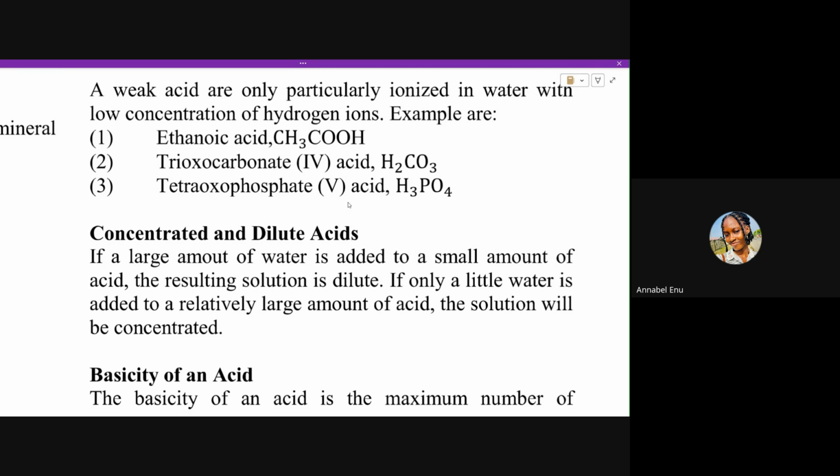So they need to be diluted so that the acidity in it, the amount of hydrogen ion in it, will not be too much to cause us damage, like burning of the skin and things like that. So that is why we need to dilute an acid, so that it will be okay for us to use.